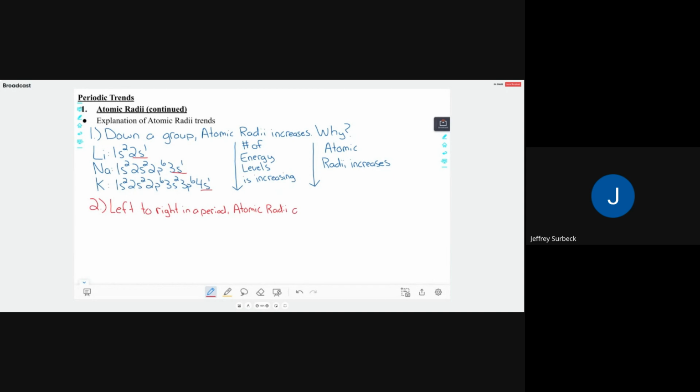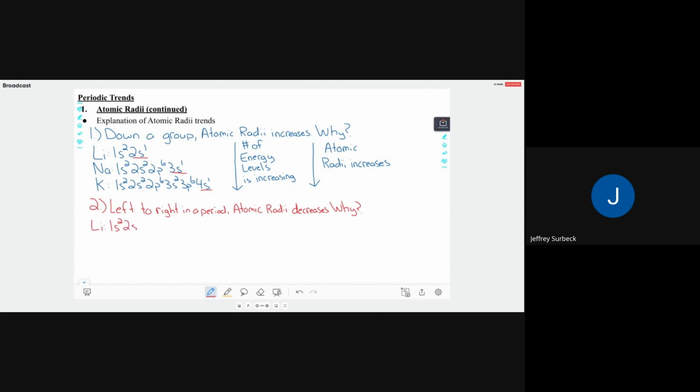And the question once more should be, why is this occurring? So once again, let's turn to our electron configuration, and let's start out here, period number 2, the first element in period number 2, lithium. Again, it has the electron configuration of 1s2, 2s1.